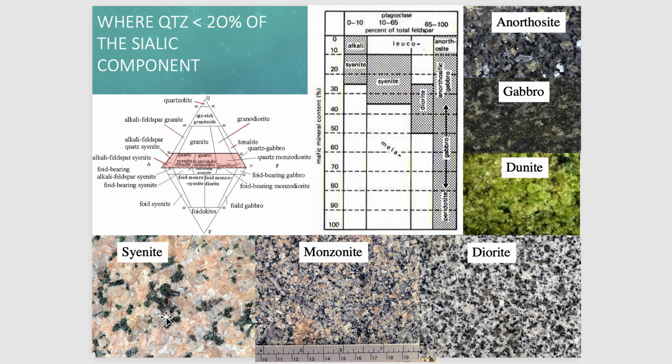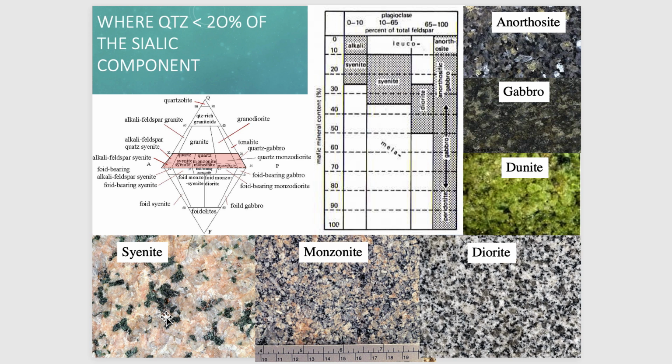So it looks very similar to a granite or a K-feldspar rich granite, so the alkali feldspar granite. But the fact that there is no evidence of abundant quartz is actually placing this rock in the syenite group.